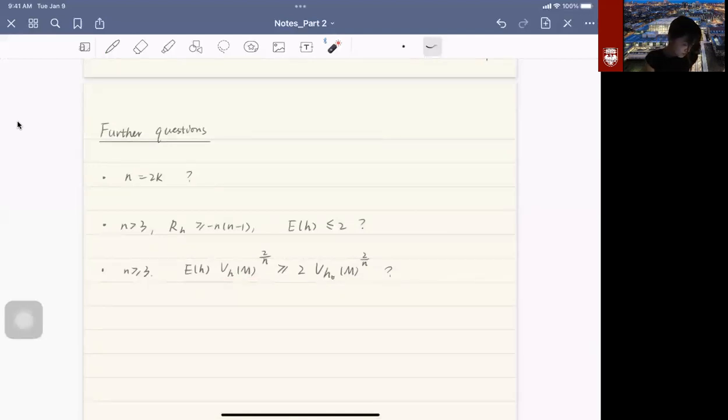Here it says the product of E of H and the volume with respect to H to the power 2 over n is greater than or equal to the product related to the hyperbolic case. But we still have no idea how to prove that. So we can continue to consider these further questions.